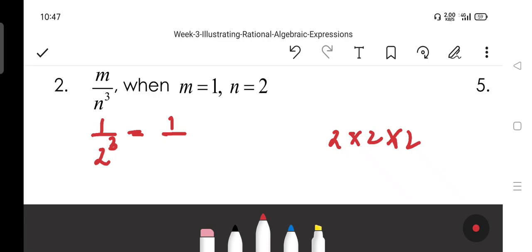We are going to multiply the base, which is 2, 3 times, or thrice. So 2 cubed is equal to 8, and the answer here is 1/8. Okay, that's it.